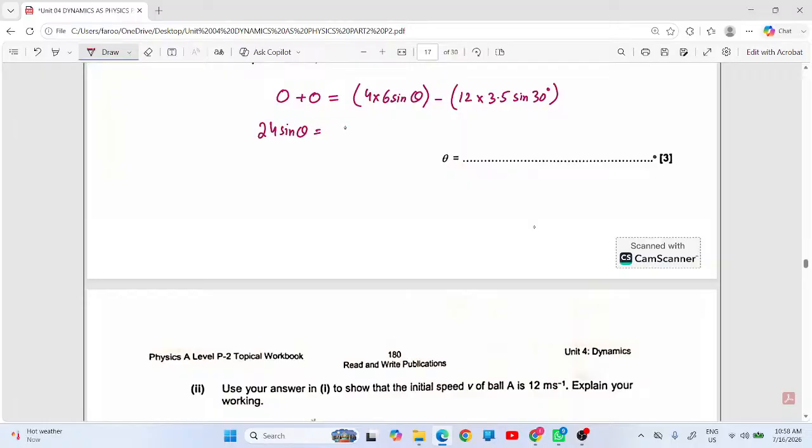So 2 theta equals 24. So theta is 61.0449. So the answer is 61.